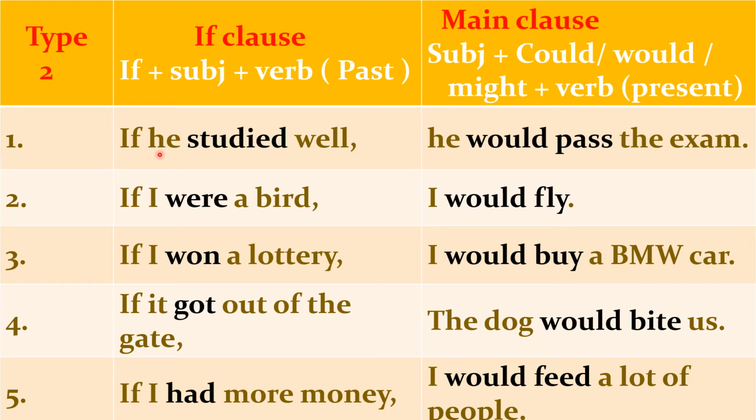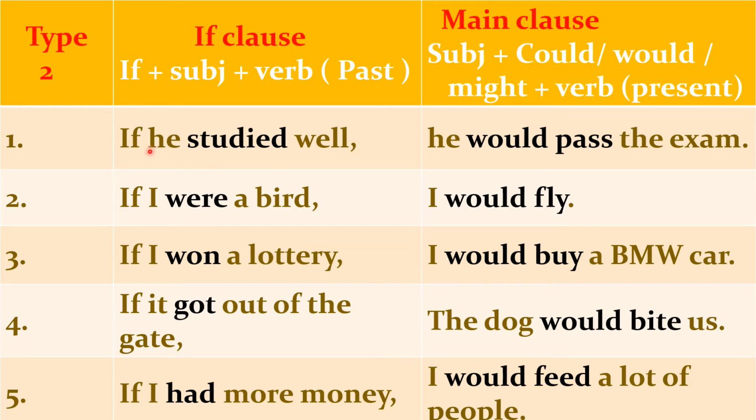See the first example. If he studied well, he would pass the exam. This is an unreal sentence, imaginary sentence, hypothetical sentence. If he studied well is the if clause, he would pass the exam is the main clause.